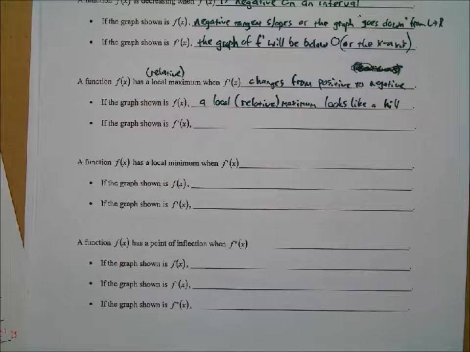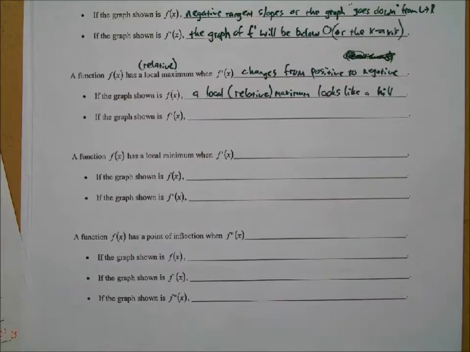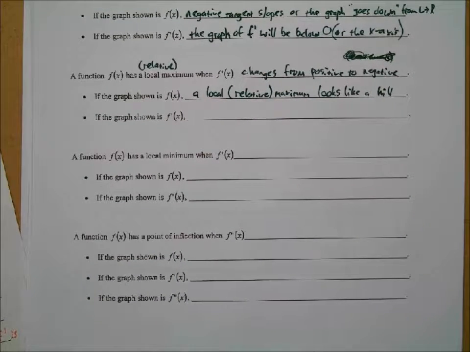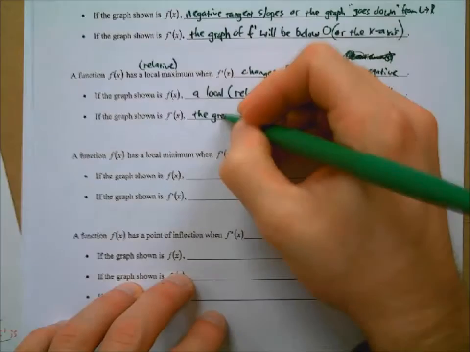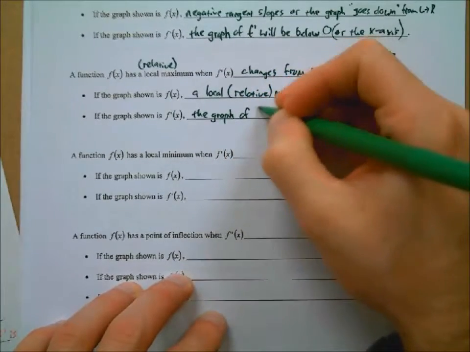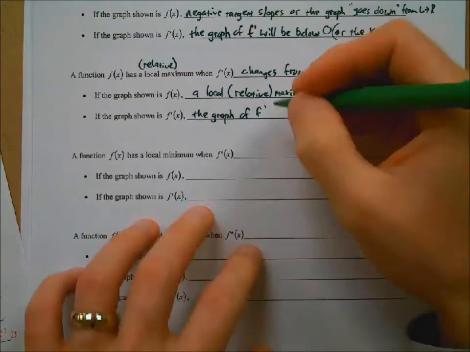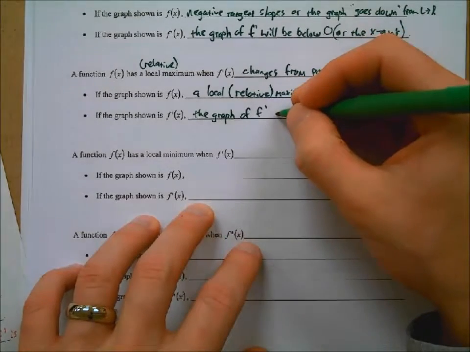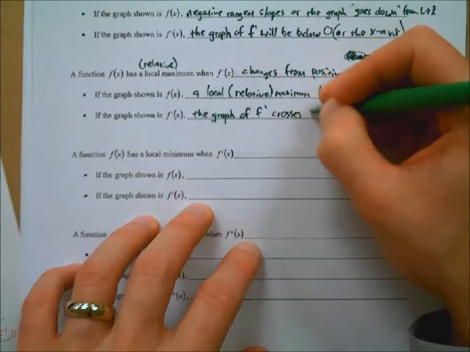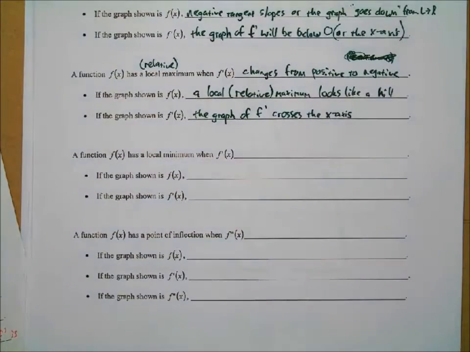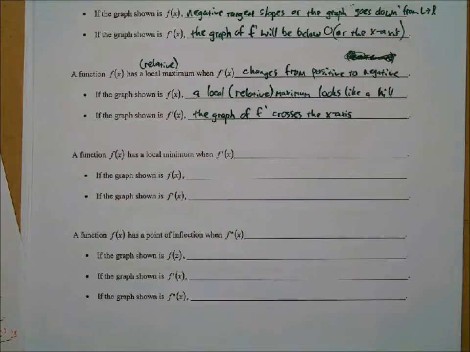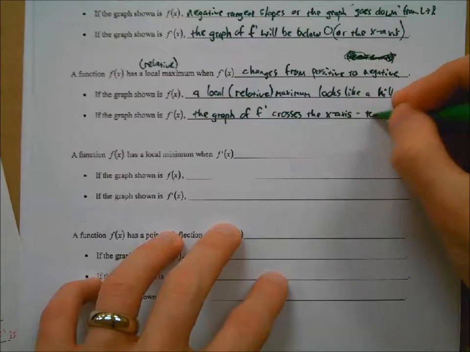If the graph shown is f prime, though, what are we looking for there to then see where f has a relative maximum? The graph of f prime crosses the x-axis, and this might not be the most elegant way of putting it, but we're going to say the graph of f prime is going to cross the x-axis.